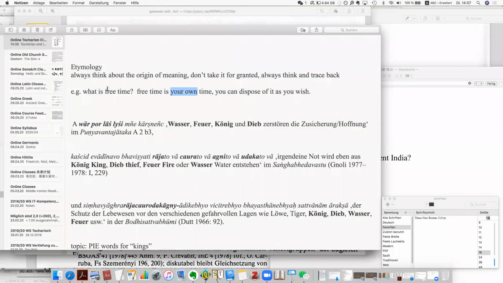I hope that studying etymology will help you in the future in your own studies or other affairs, to think about the meaning and why it has to be like this. Studying etymology can help you think and trace the origin of things.